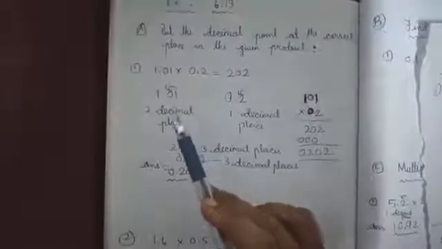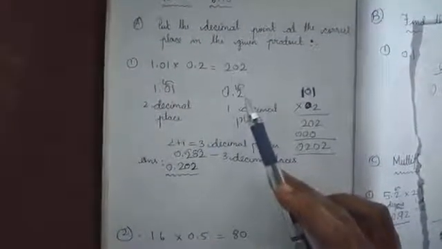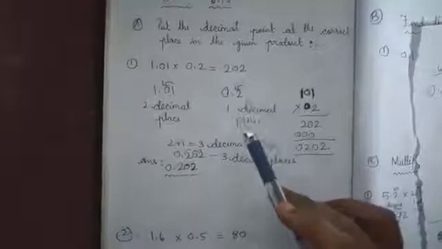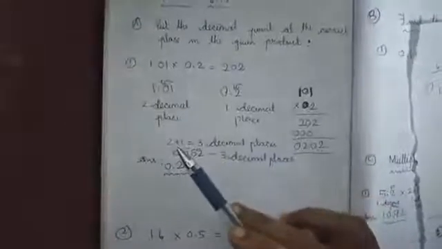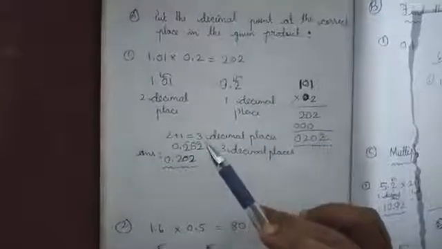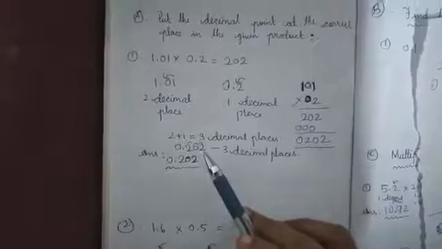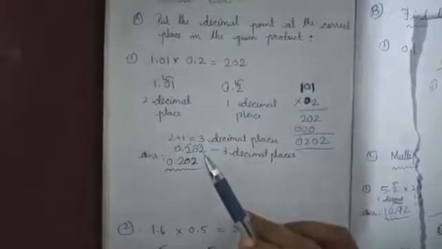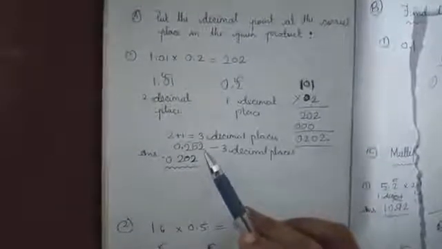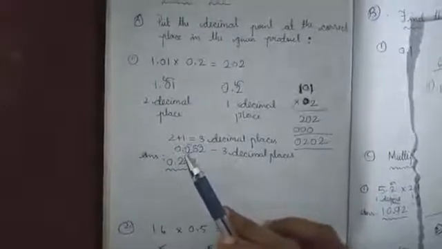So we have 2 decimal places on this side, and here we have only one number, so 1 decimal place. 2 plus 1 equals 3. We have 3 decimal places. So in the answer, we count 3 decimal places from the right: 1, 2, 3. Put the decimal point here.